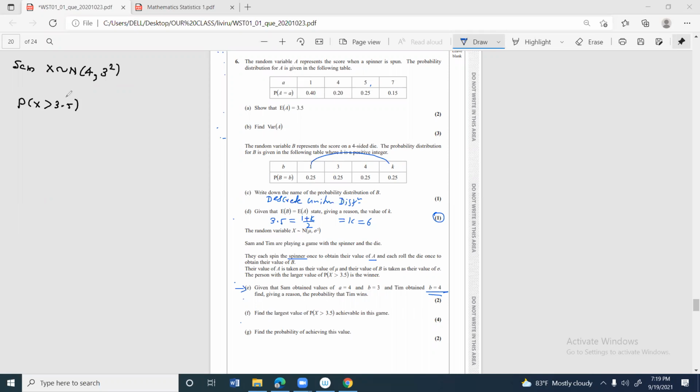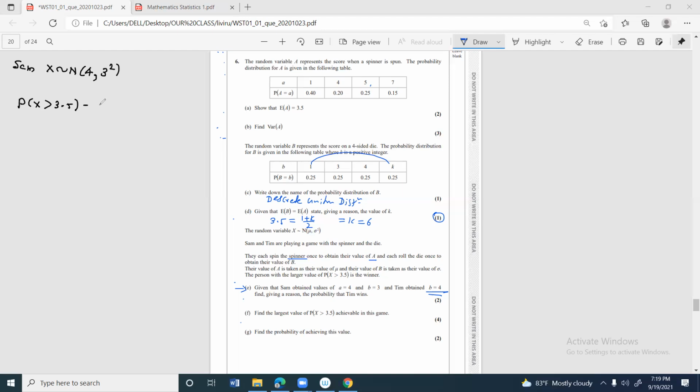After getting the count you obtain from the spinner and the dice, we count this probability. If this probability is more than 3.5, we say that person is winning the game, right? Okay. Now let's see what is the probability of Sam to win the game.